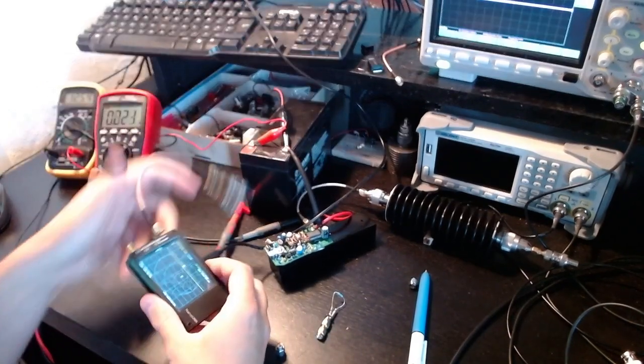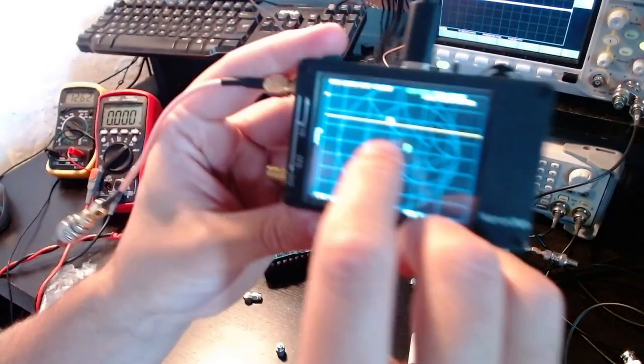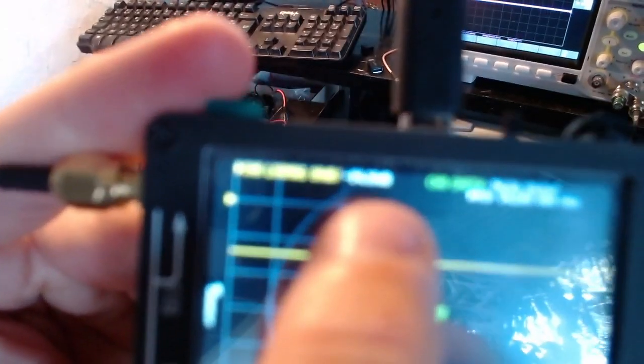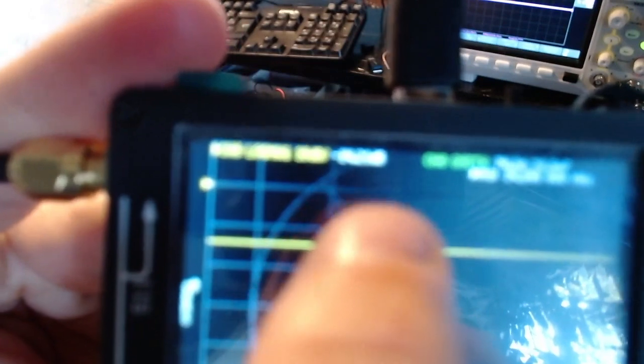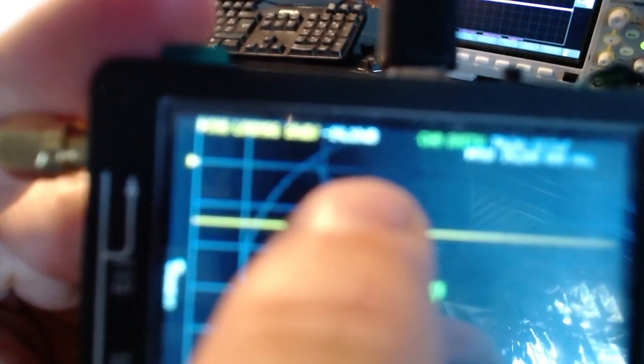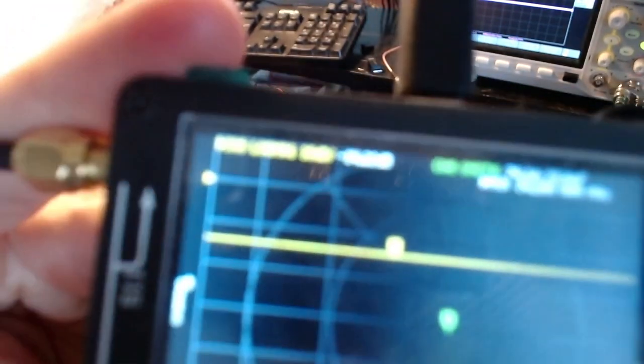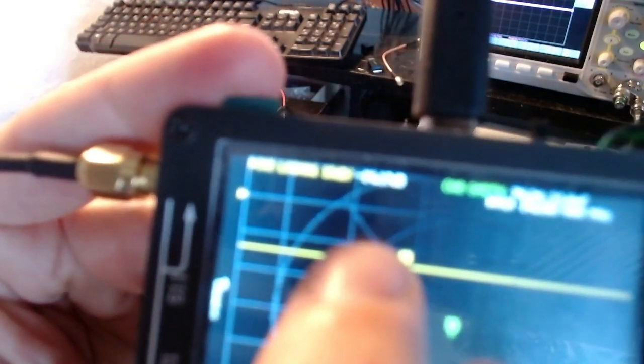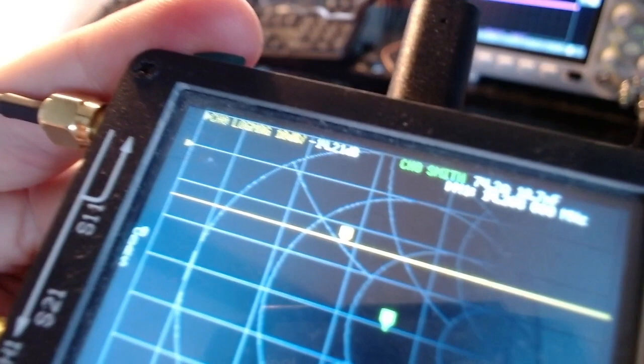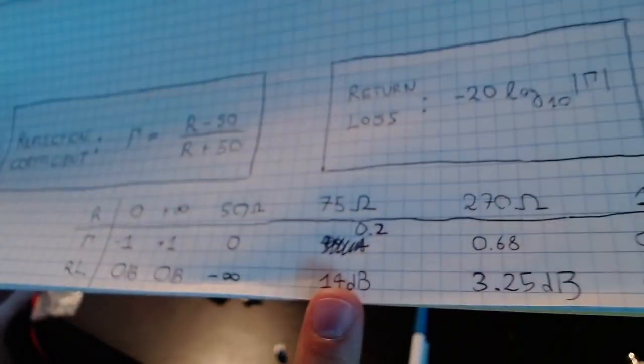Hopefully the camera will focus at some point. Anyway, it says minus 14.19. Now you see minus 14, and that is pretty close to what the theory predicted.